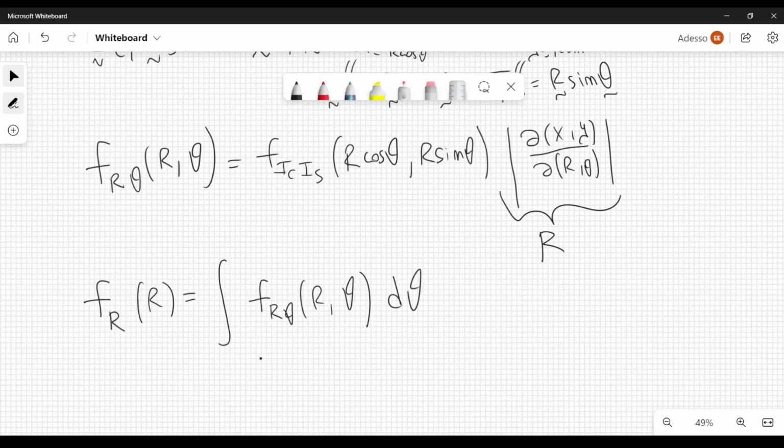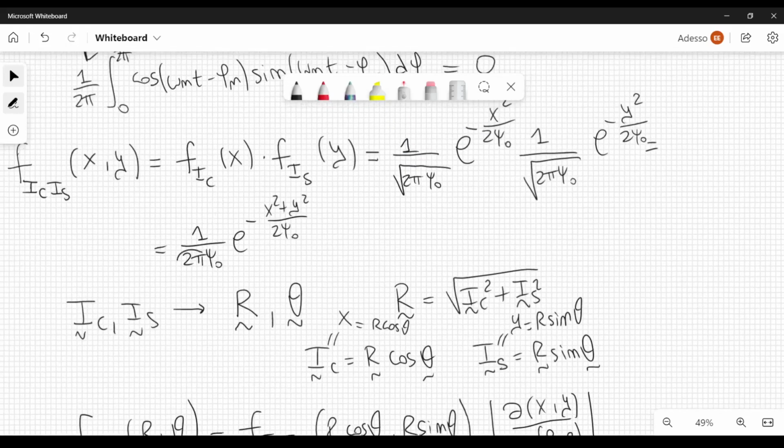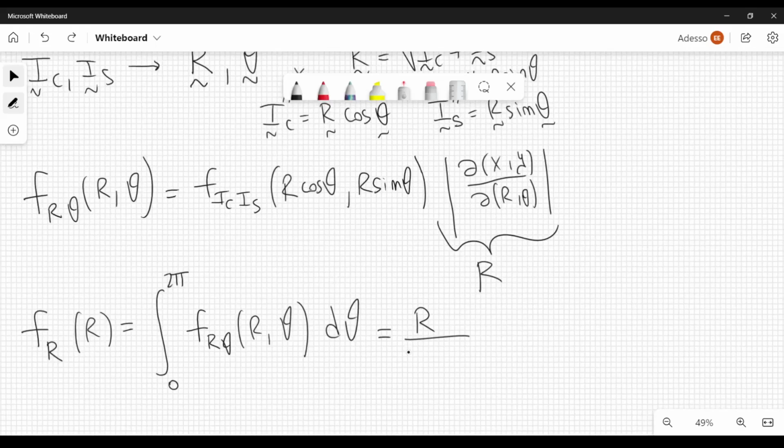So we have to integrate that over theta from 0 to 2 pi. And we can use this formula. So this will be equal to r from here, and we have to divide by, if you recall, 2 pi psi 0, and then we have this.